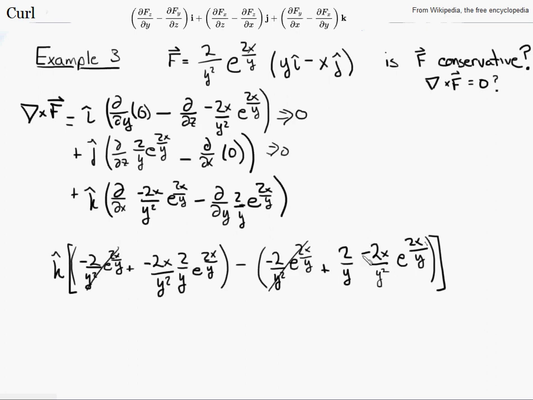Over here I have negative 4x, y to the third on the bottom, y to the third on the bottom. My exponent is still the same, so this one cancels with this one, and my k hat is 0. So the curl of f is equal to 0. F is conservative.